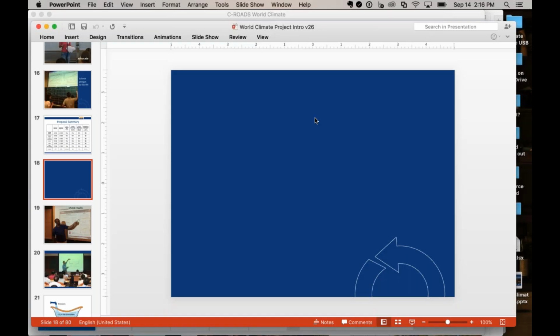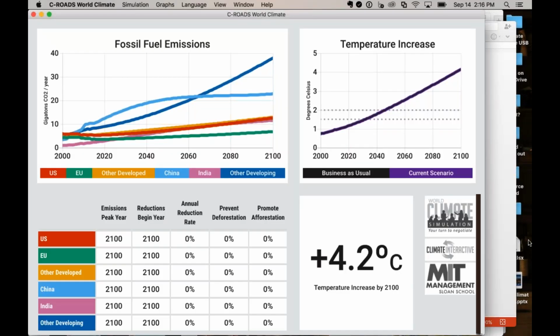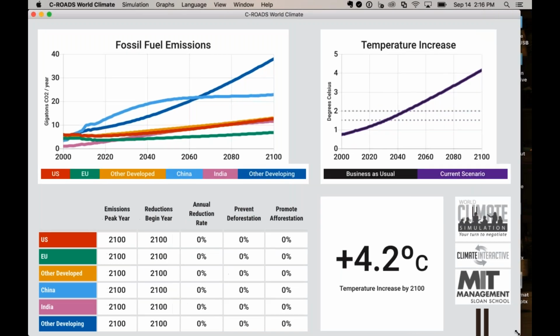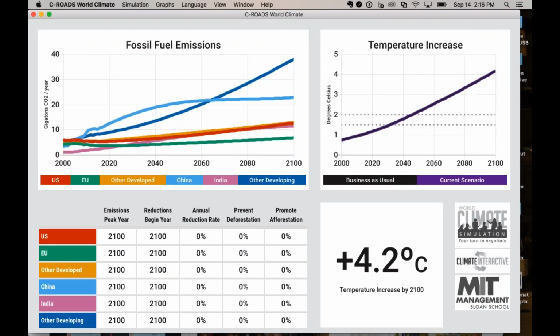And then let's go take a look at C-ROADS World Climate, and you all can see what this looks like. So this is freely available from the Climate Interactive website. We developed this software simulator in partnership with the MIT Sloan School of Management. And it's a simulator that is used for analysis that is actually used by negotiators within the climate negotiations.